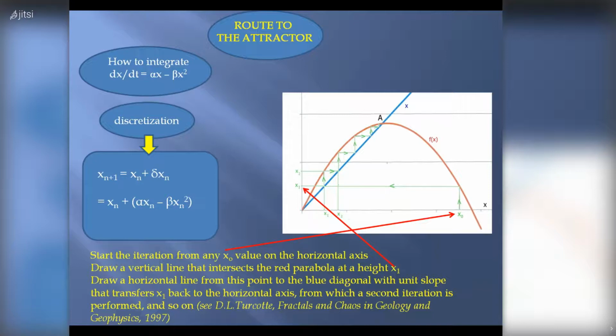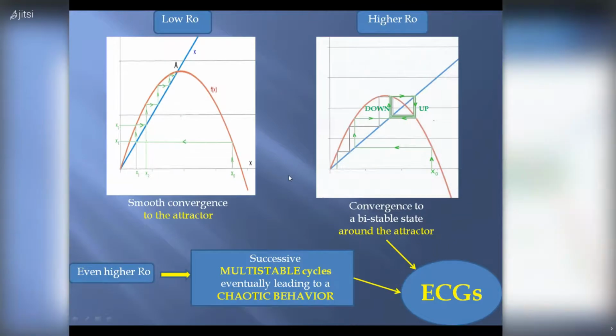So this is quite interesting because several cases can be found in various epidemics, in various stages of the epidemic. Here, this is the previous case where the system meets the attractor in a continuous way, smooth convergence.